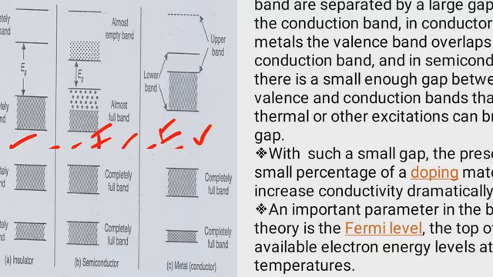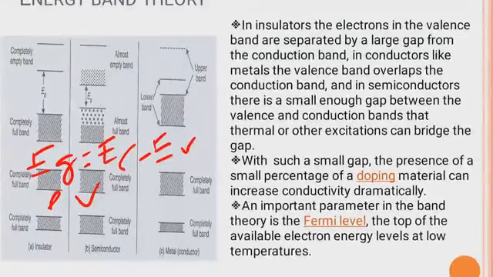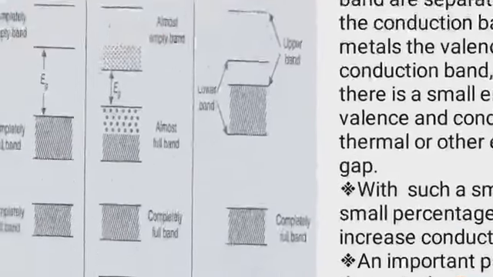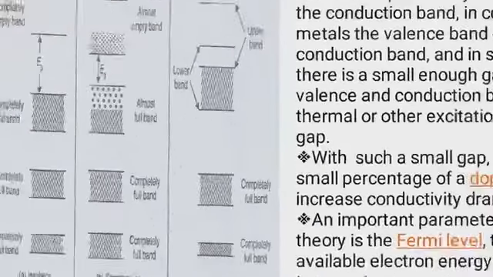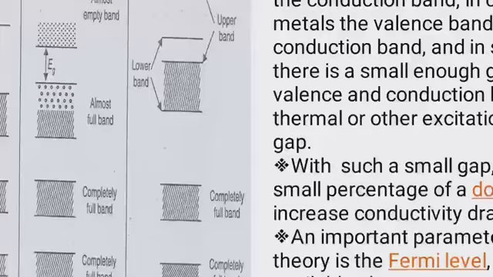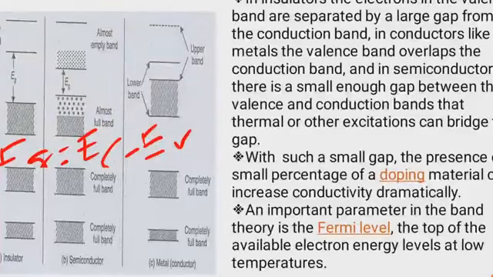But if we change the percentage of doping inside the material, then the conductivity of this semiconductor will increase drastically. So we can conclude that by using doping we can change the conductivity of a semiconductor material, or increase it.